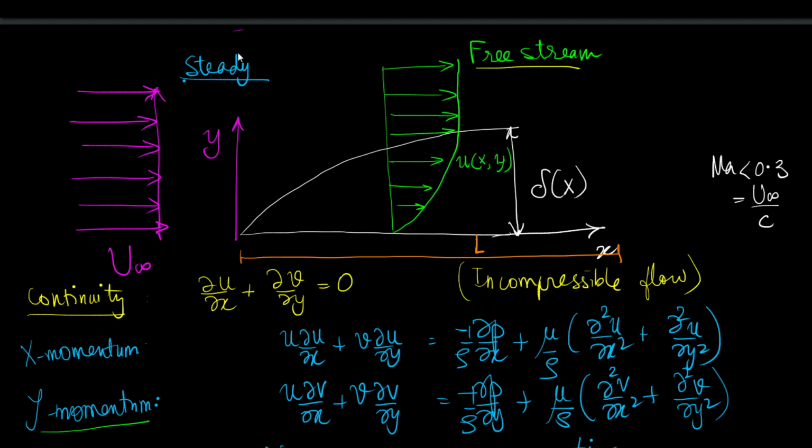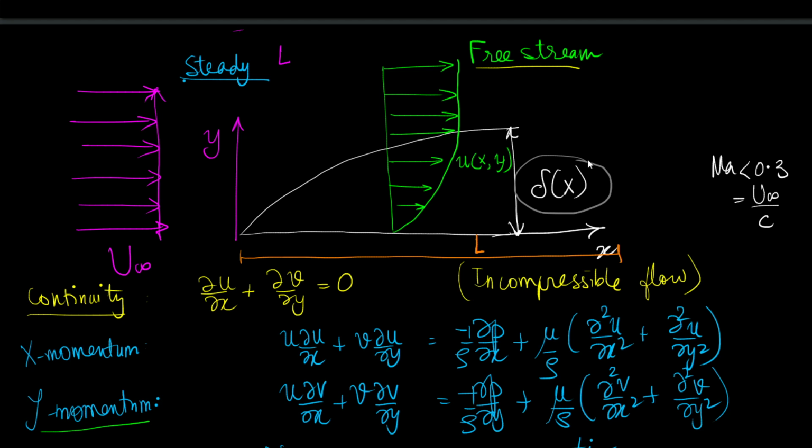So it means that the change in velocity in the y direction is also affected over the length scale of L. But obviously we know it is not true. What is true is that the velocity is affected over a distance delta, which is sufficiently smaller than the length of the plate.